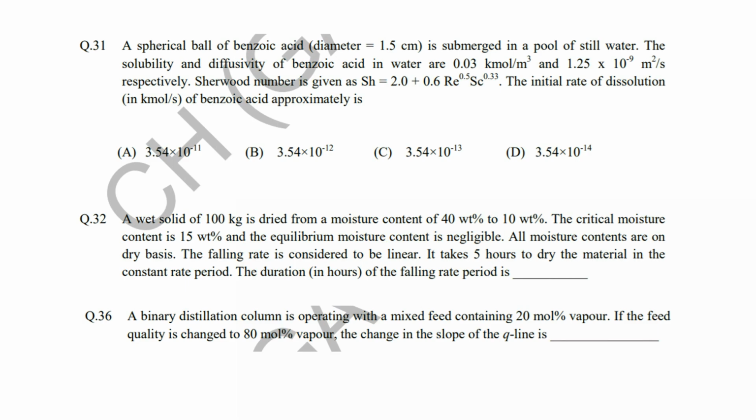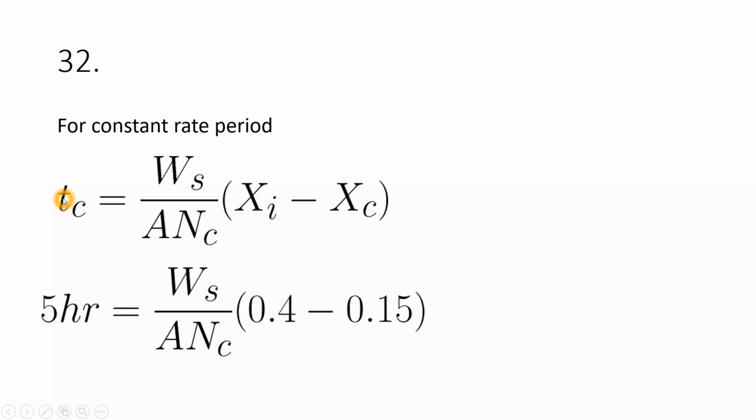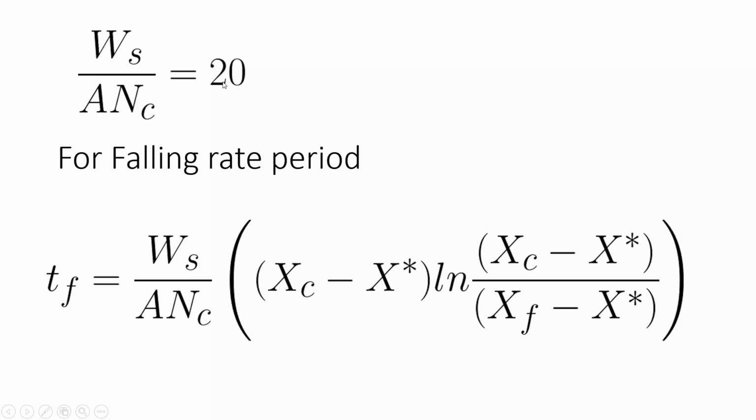So we have xi 40 weight percent and critical moisture content 15 weight percent. After putting the values, and since the constant rate period drying time is 5 hours, we will calculate Ws upon A Nc, that is 20.